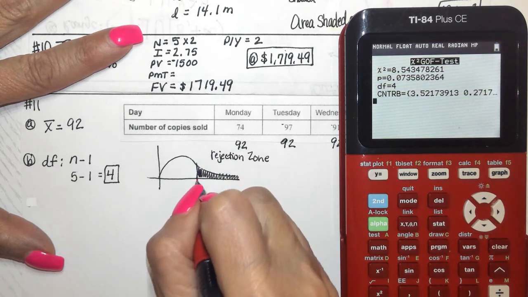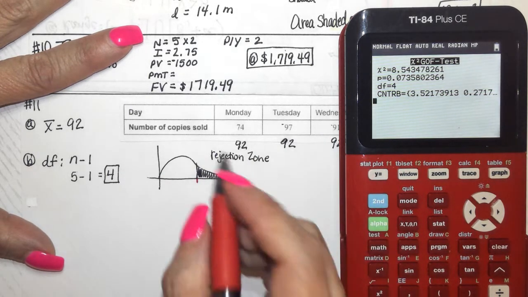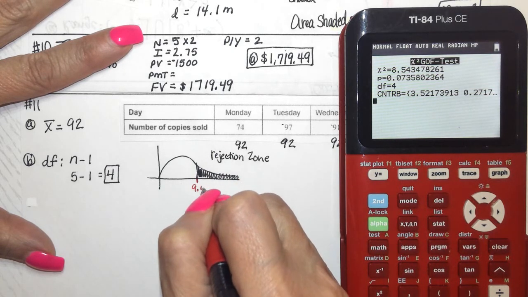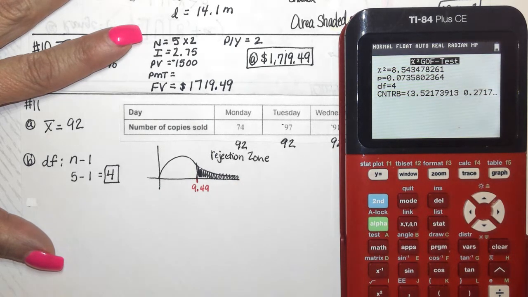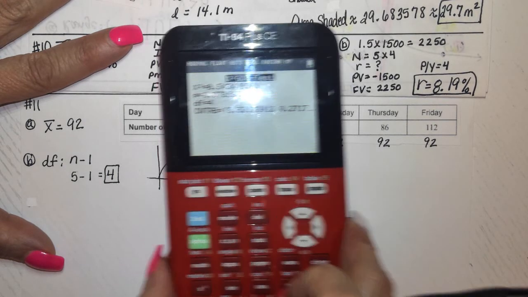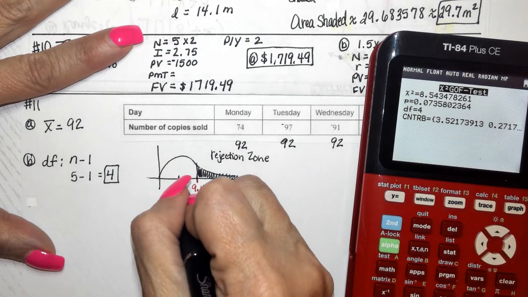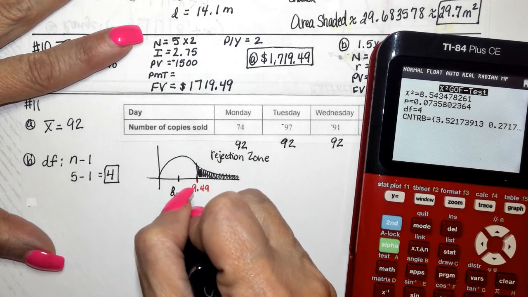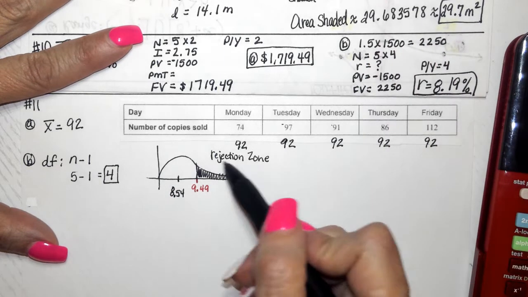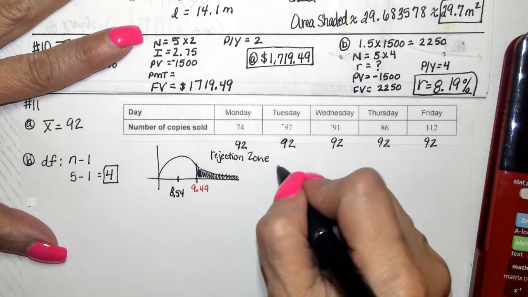The critical value it gave you, the critical value on this right here was 9.49. Now, what I found on mine is the chi-squared was 8.54. You end up at 8.54. You cannot reject this, right? Because you're not in the rejection zone.